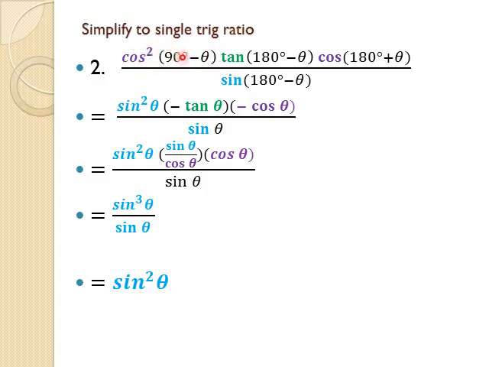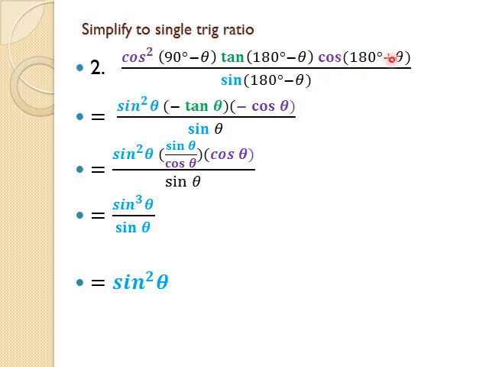Everything is positive in the first quadrant, so that simply becomes sine squared theta. 180 minus theta falls in the second quadrant. In the second quadrant, tan is negative, so that's written as negative tan theta. See, I put them in brackets? If I don't put them in brackets, this would read sine squared minus tan theta. In brackets, this reads sine squared times negative tan theta.